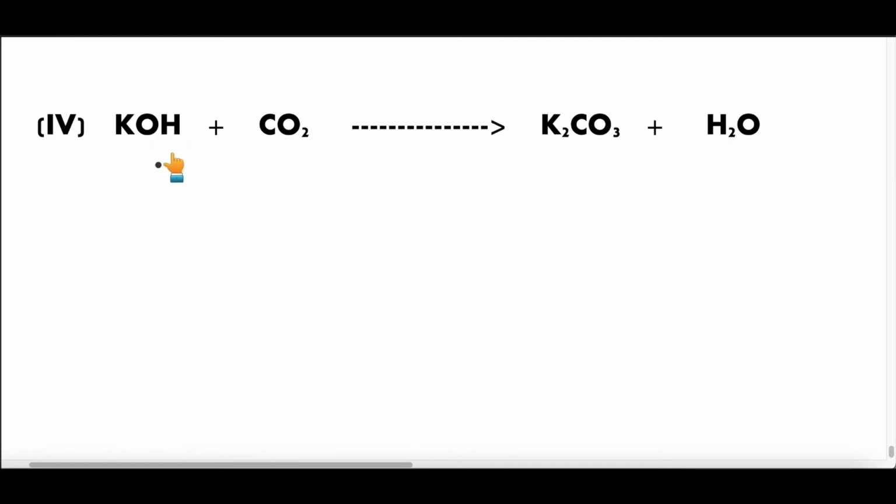Here this hydroxide OH is polyatomic ion on the reactant side, but on the product side we don't have hydroxide as the polyatomic ion. And another thing, we have carbonate ion in the product side as the polyatomic ion, but we don't have any carbonate ion in the reactant side.